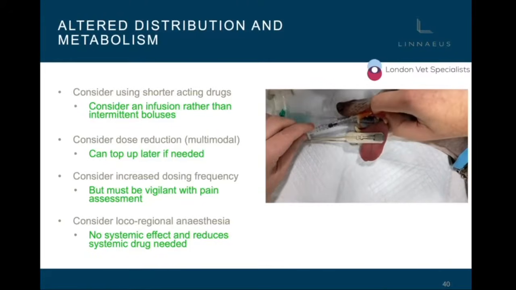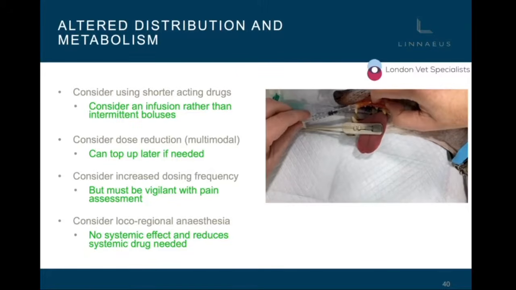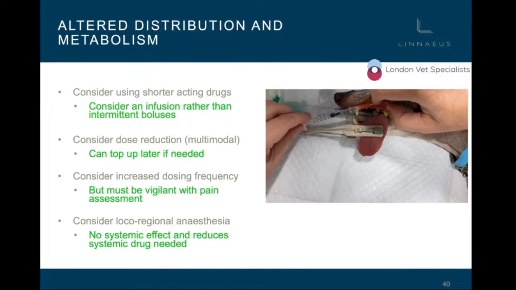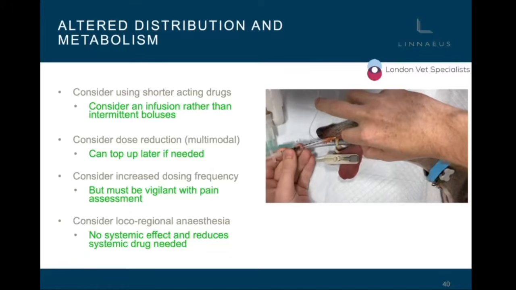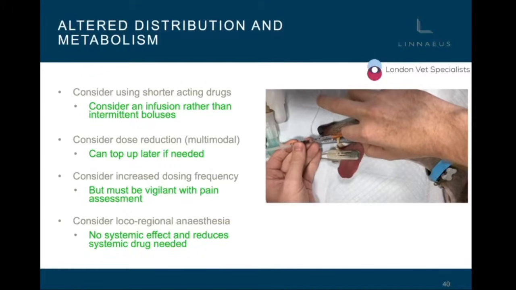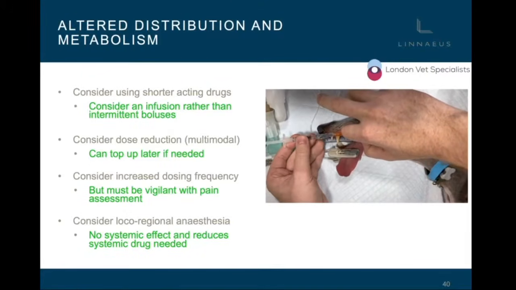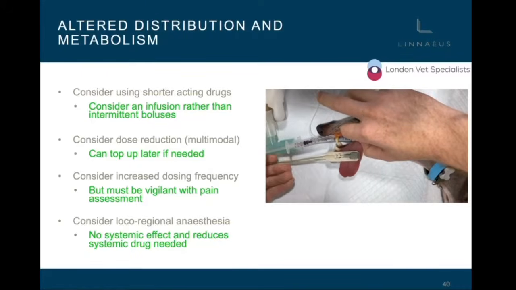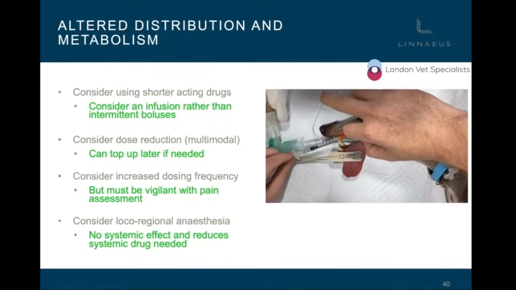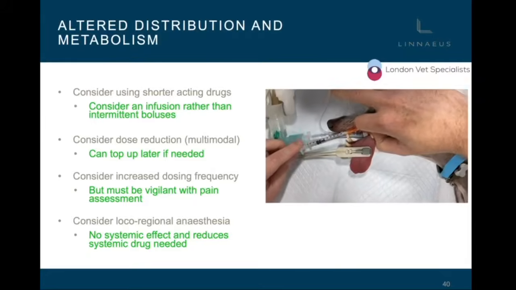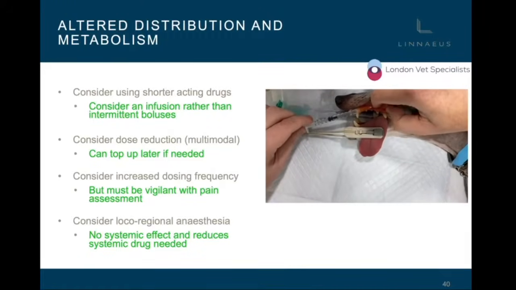We can also consider increasing the dosing frequency. So perhaps with longer acting analgesics, the pharmacokinetics are often done in young healthy animals. And so say for example, we consider that we give buprenorphine every 6 hours. But perhaps in an older animal, they take longer to break down this drug.